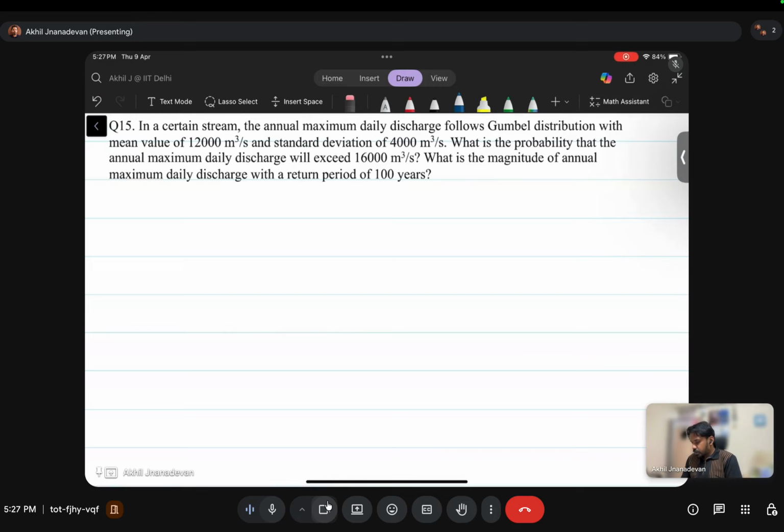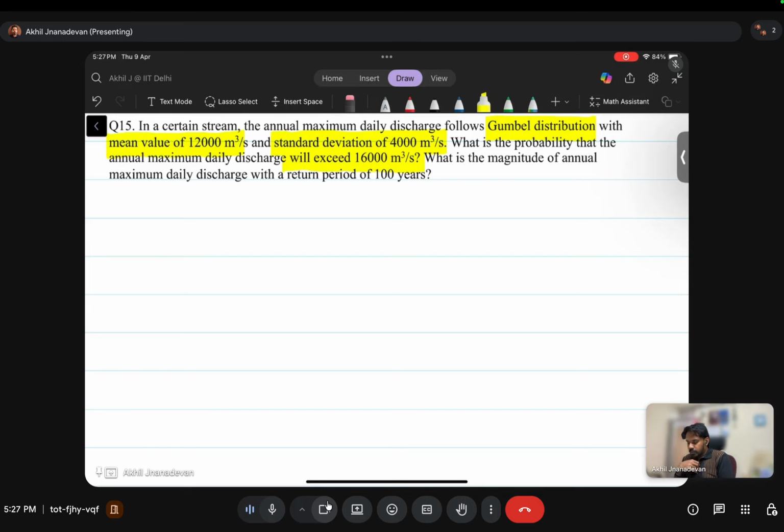In a certain stream, the annual maximum discharge follows a Gumbel distribution with a mean value of 12,000 meter cube per second and standard deviation of 4,000 meter cube per second. What is the probability that the maximum annual discharge exceeds 16,000 meter cube per second? What is the magnitude of maximum annual discharge with the return period of 100?